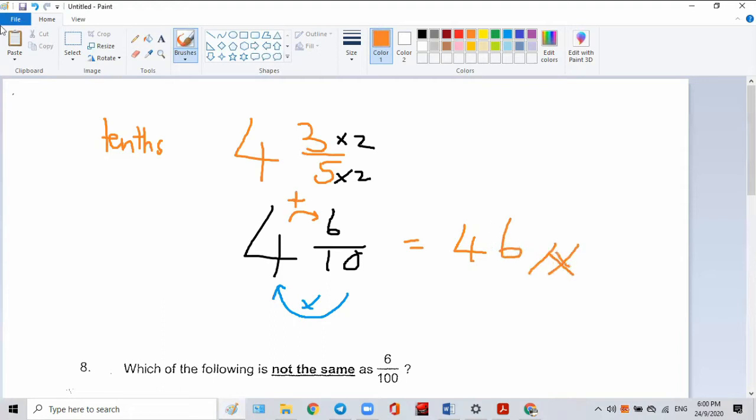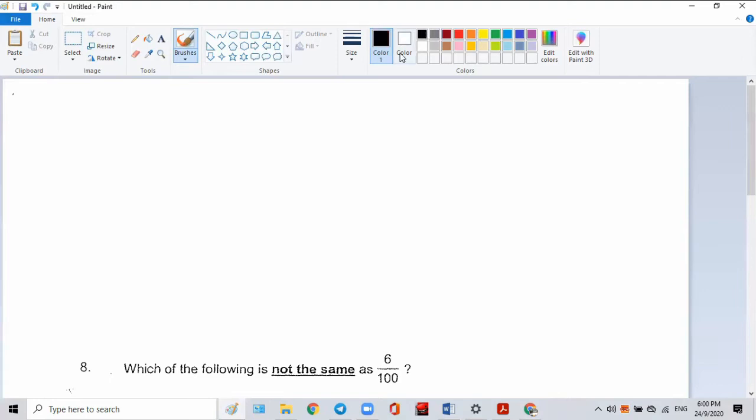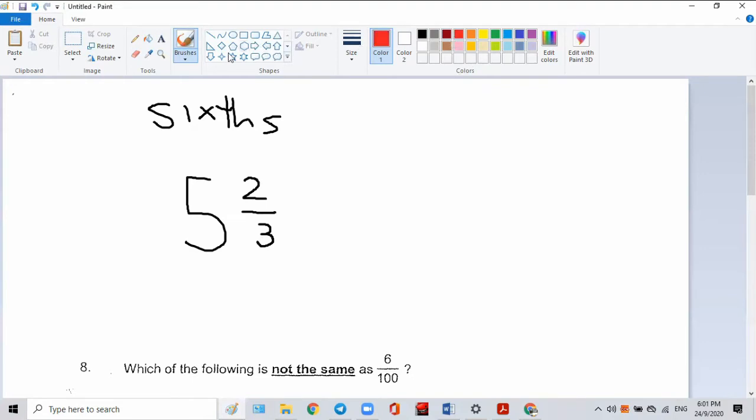Okay, again, I'll give you another one. How many sixths, S-I-X-T-H, back to square one, are there in 5 and 2/3? First step, what must we do? 3 times 2, 2 times 2, so this is equal to 5 and 4 over 6.